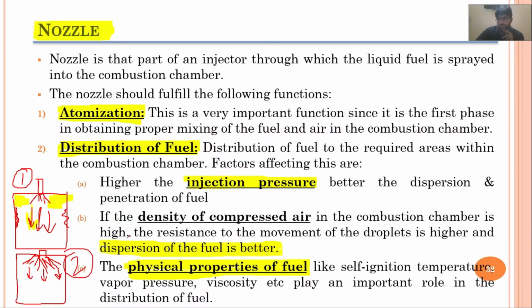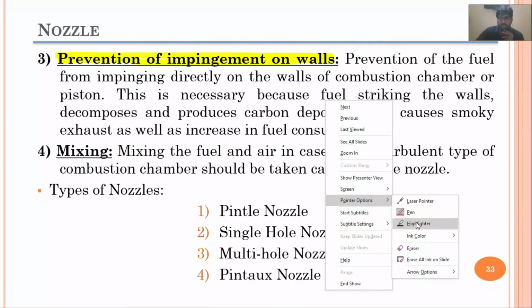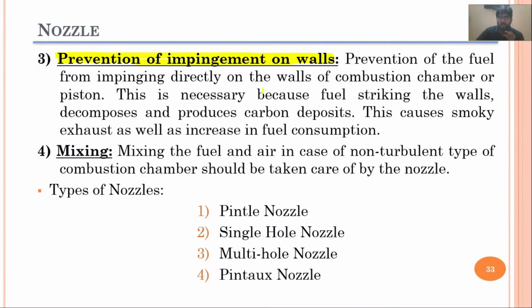So your combustion chamber may get carbon on the walls, and because of the presence of this carbon, the life of the combustion chamber may get reduced. So your nozzle has to ensure that as well, that no amount of the fuel is being impinged on the walls.